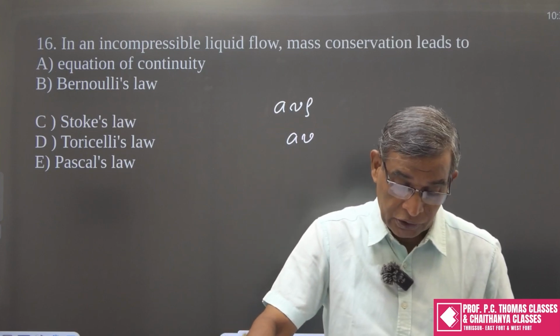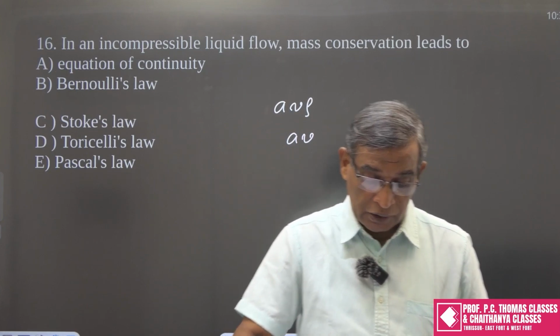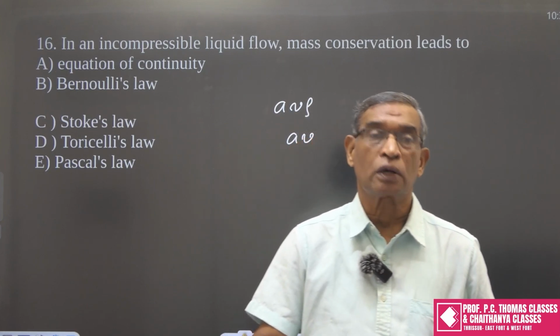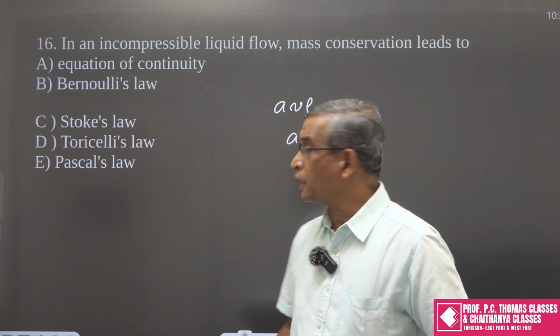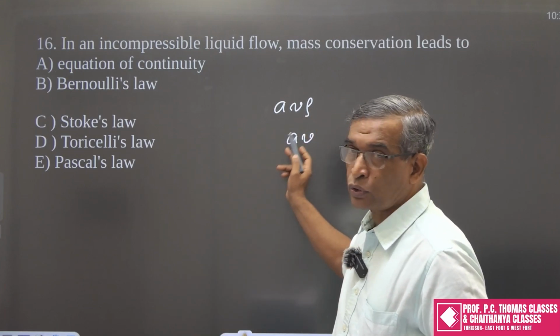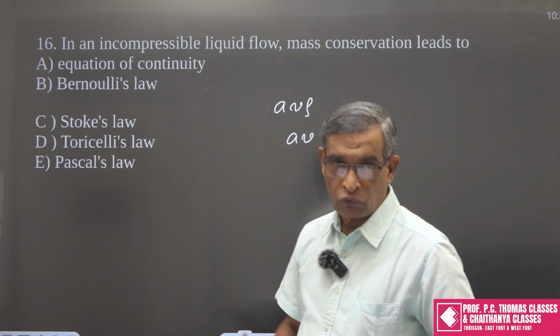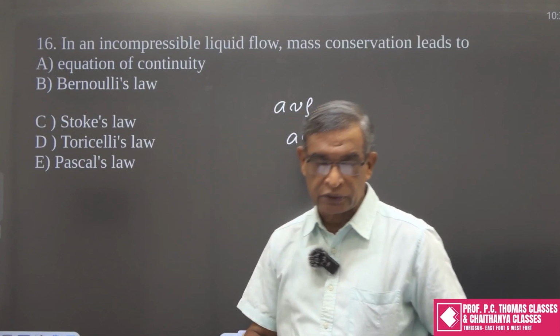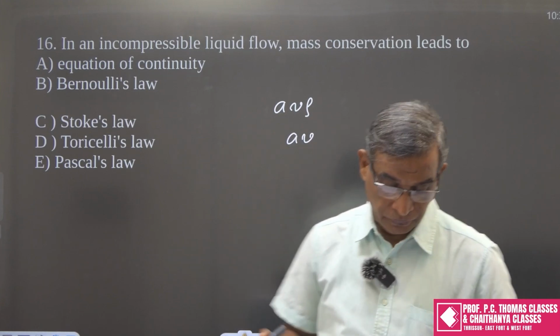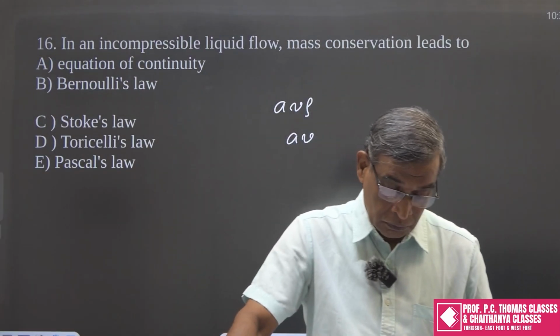Therefore we can say that the mass conservation leads to the equation of continuity. A V is a constant, or A V rho is a constant. The mass flux is conserved, the volume flux is conserved, and that is the equation of continuity. Next question.